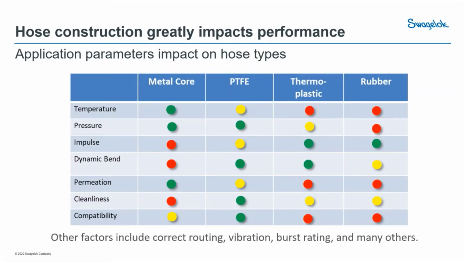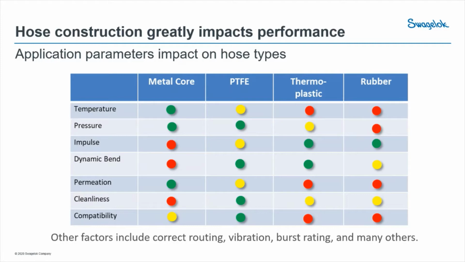Looking at this chart, this is interesting because it shows a general overview of the strengths and weaknesses of different hose types. Let's talk about metal core quickly. First of all, green is good, red is bad, yellow is just okay. A metal core hose has a wide range of temperature that it can handle, so it's good in that. It's good under pressure. It can actually go down to a fairly significant vacuum as well.